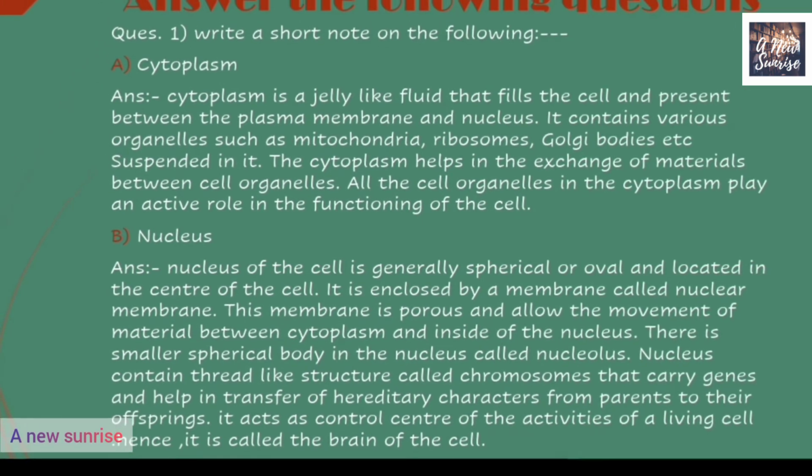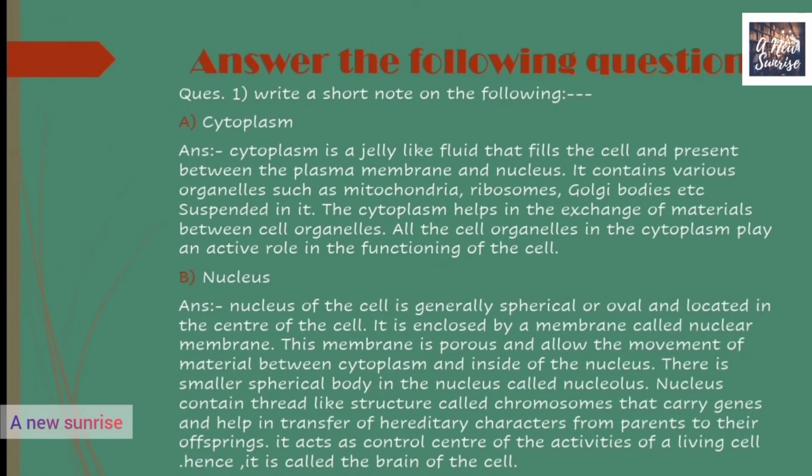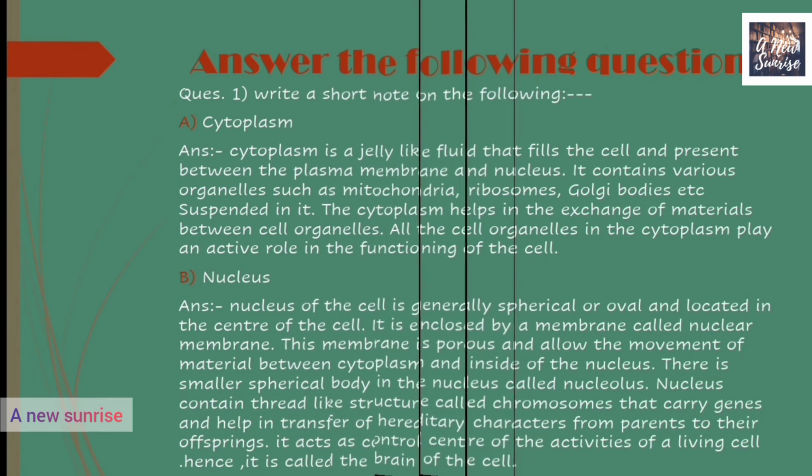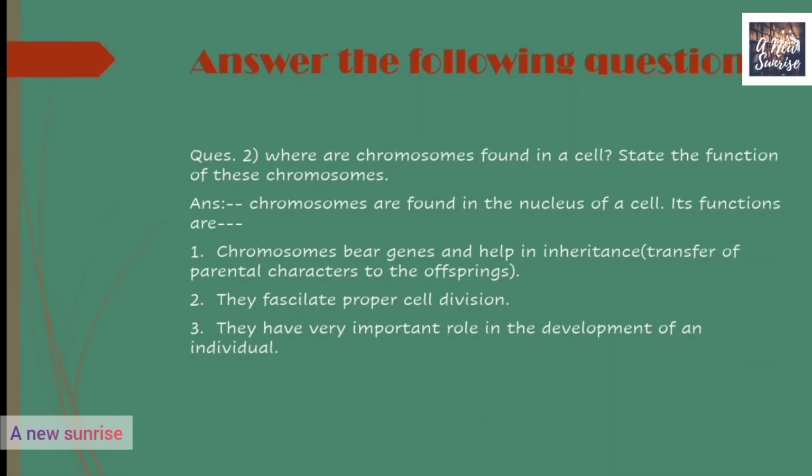So these were the notes that we have to give on the two terms. First was the cytoplasm and second was the nucleus. Now let us go towards our next and the last question: where are chromosomes found in a cell? State the function of these chromosomes. Answer. Chromosomes are found in the nucleus of the cell.